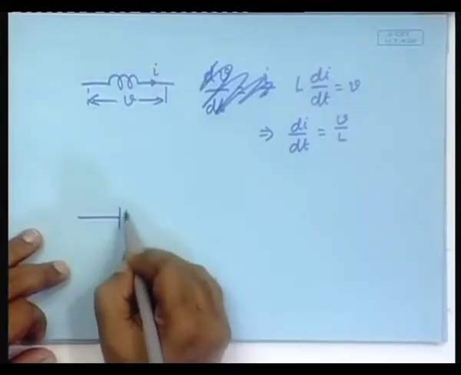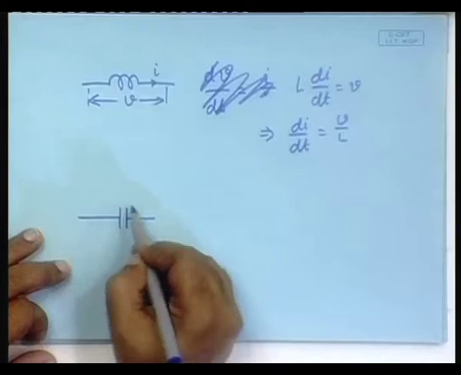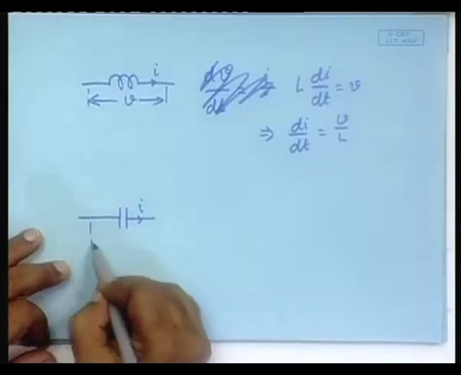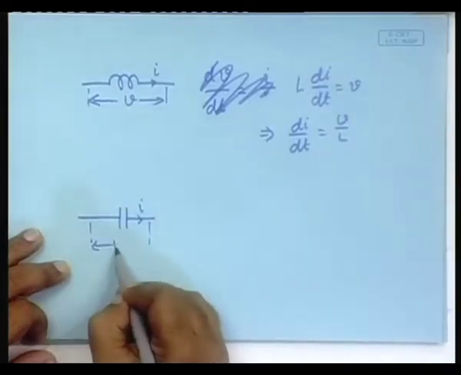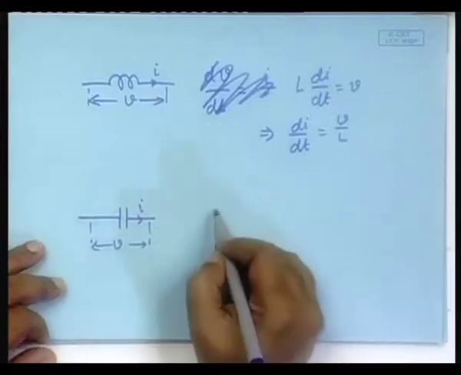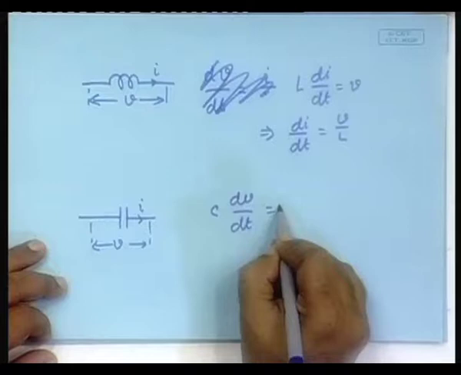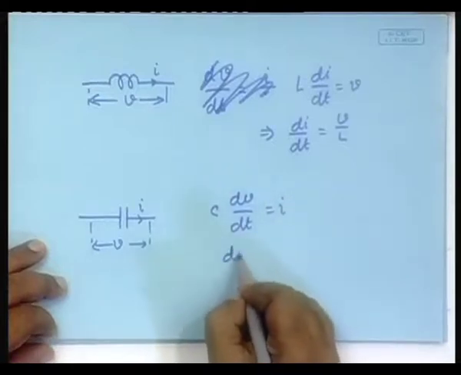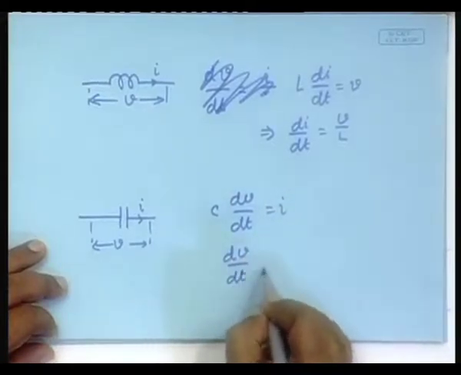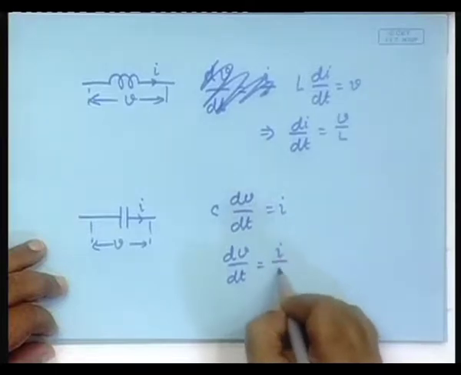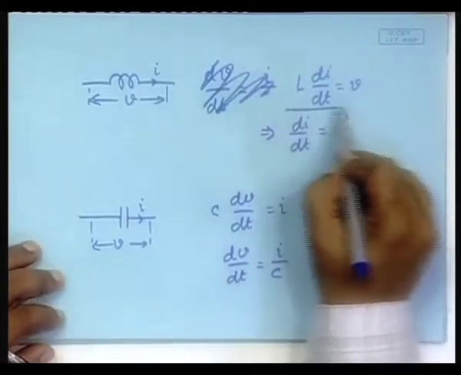Similarly, if there is a capacitor in a line, again the current is I and the voltage is say V, then it will be C dV dt is equal to I, or dV dt is equal to I by C. So these are obviously differential equations.